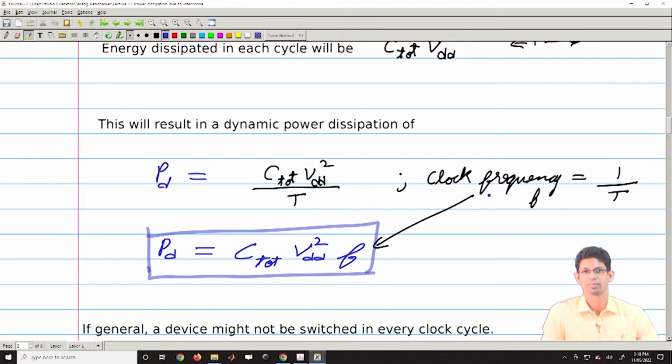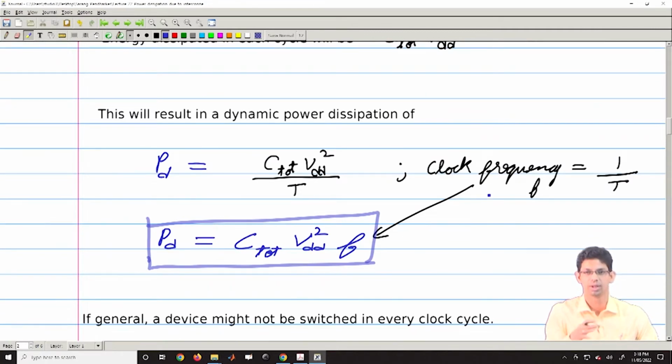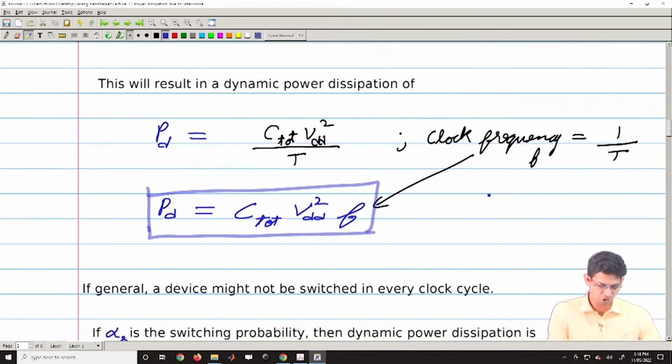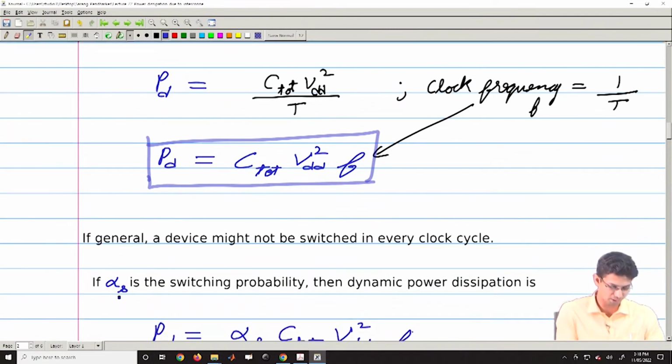However, in general, a device might not be switched on and off in every cycle. There might be time where your device is not switching. So, to incorporate that, a new factor of alpha s is brought in. Alpha s is the switching probability, so it is between 0 and 1.